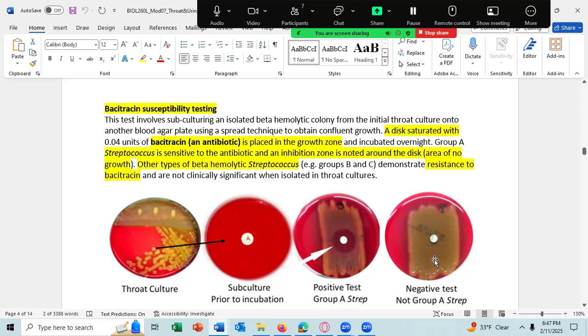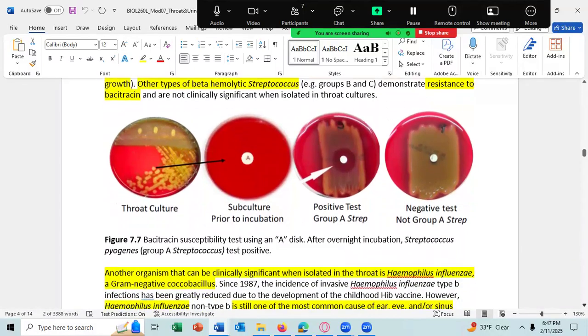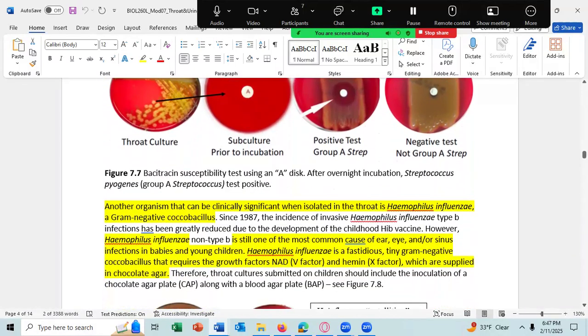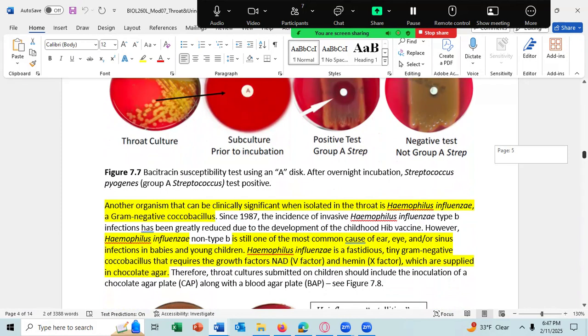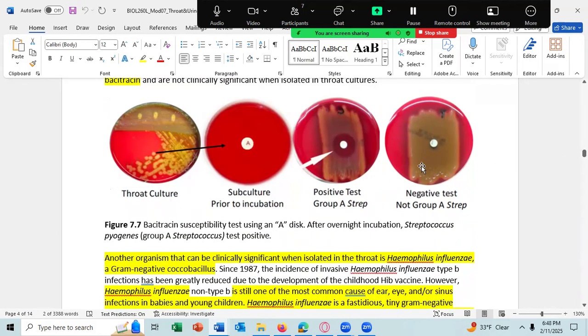And to be negative, you either have no zone of inhibition or a small zone of inhibition, which is less than a certain size. All right, any question about that? So those are the two tests you need to show that the beta hemolytic growth on the blood agar is Streptococcus pyogenes.